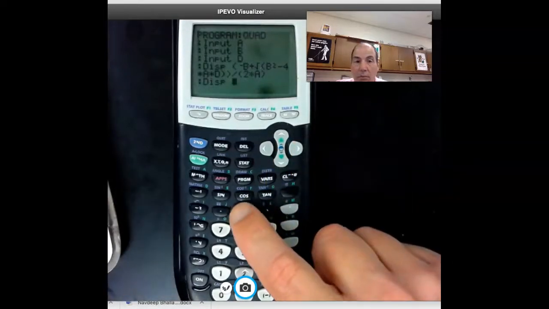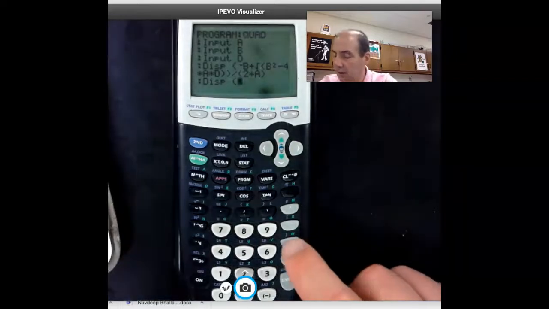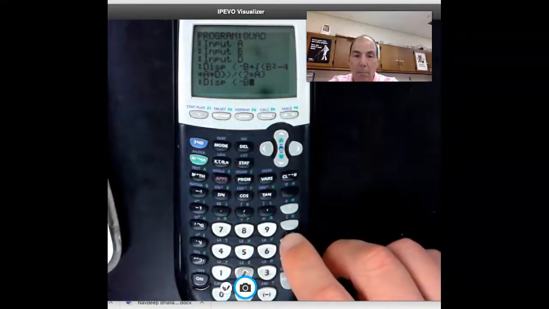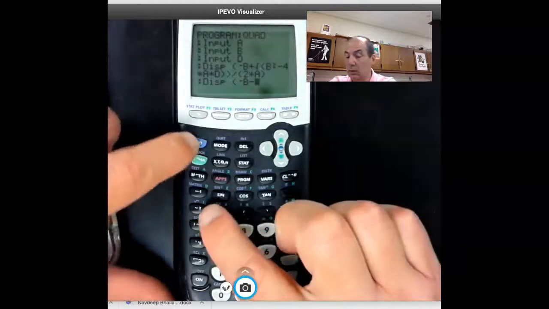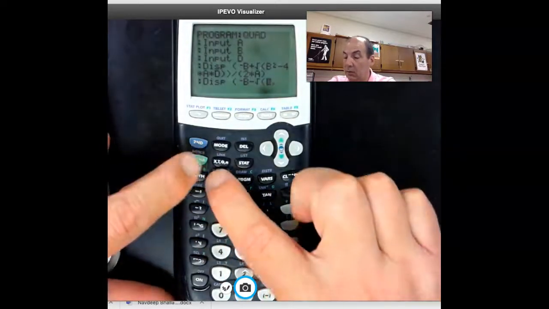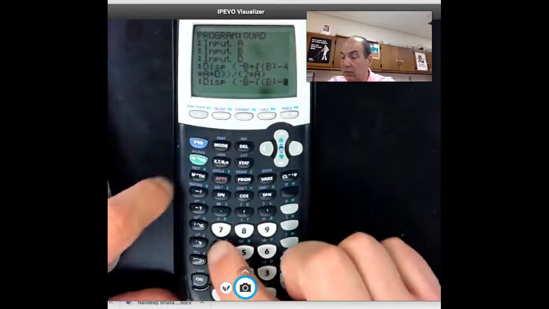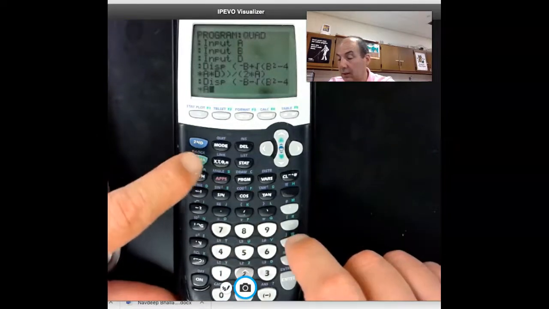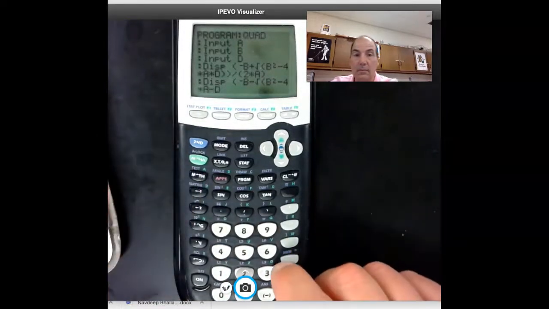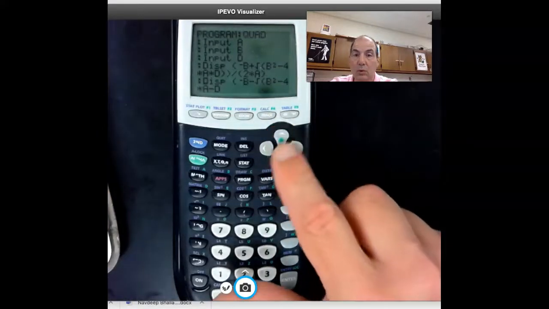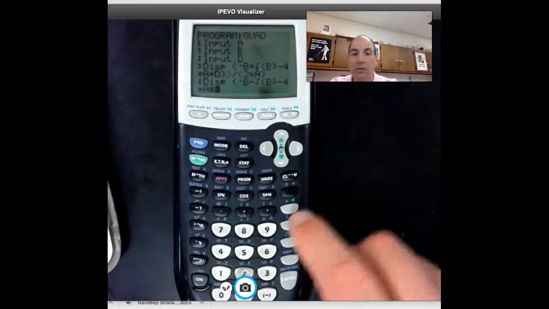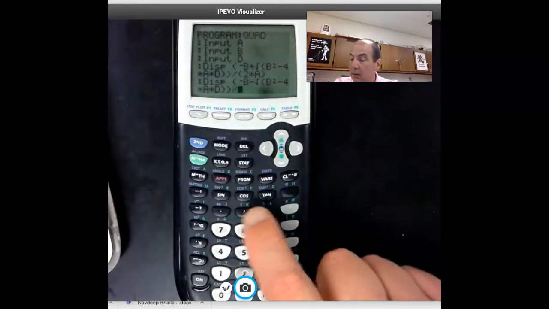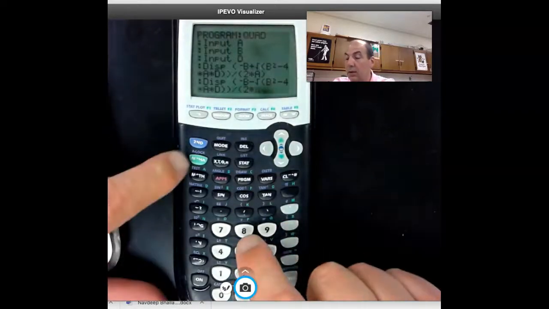So we're going to go parenthesis, negative B minus the square root of B squared minus 4 times A times C, divided by 2A. It would be helpful if I could see the buttons on this better, but oh well.